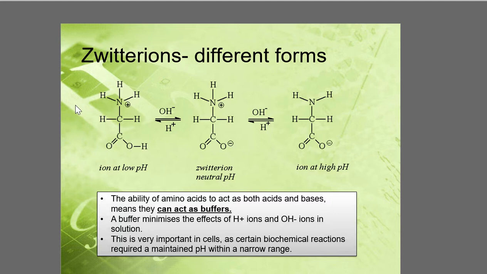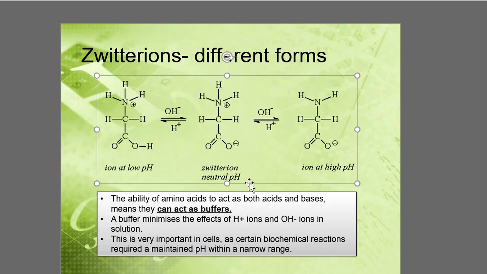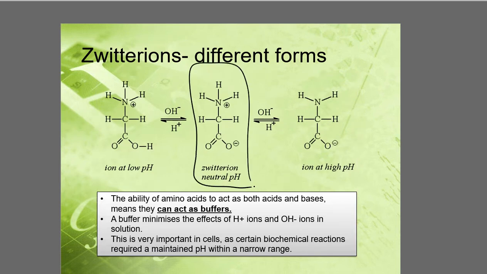So I'll use this example to explain that further. Here we go, this molecule. This is the zwitterion. This is the molecule we just established before that is behaving as an acid and base with the amino and carboxylic acid functional groups on that molecule.